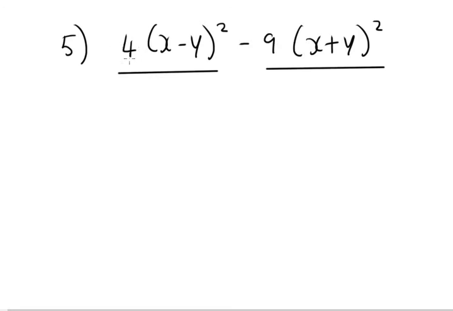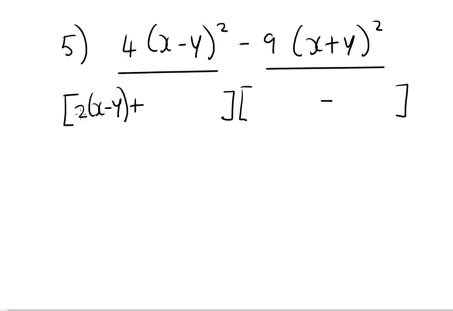Yes, they are. The square root of (4x minus y) squared is going to be, the square root of 4 is 2, so 2x minus y. So once again I suggest that we use square brackets over here. And we've got a plus and a minus. So the square root over there is going to give us 2x minus y.